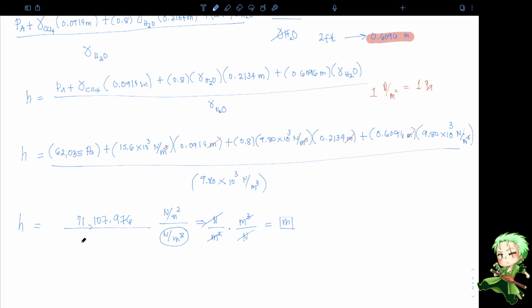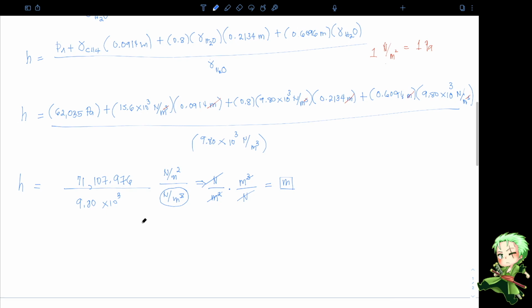And then the denominator is as is, 9.80 times 10 to the 3 newtons per cubic meter. When you divide that, you get the height to be 7.26. It's actually 7.2559, but 7.26 meters.